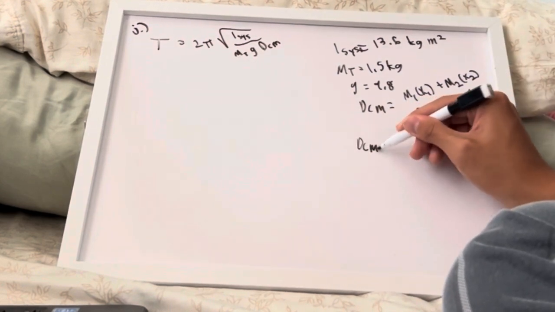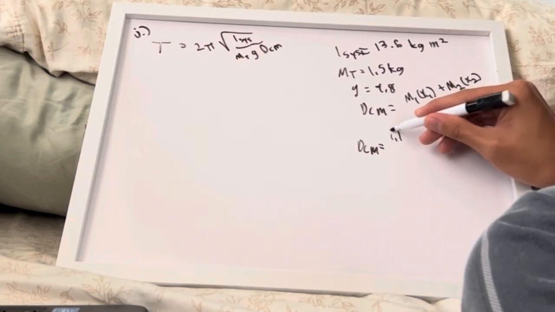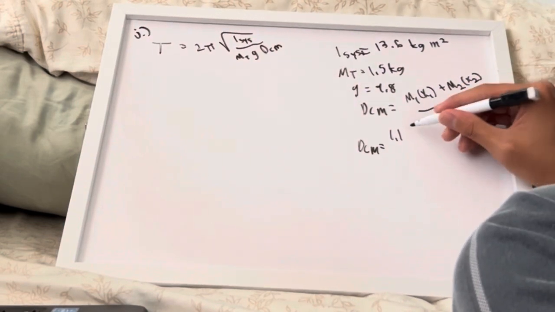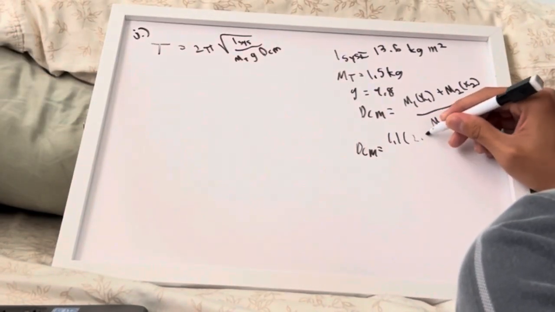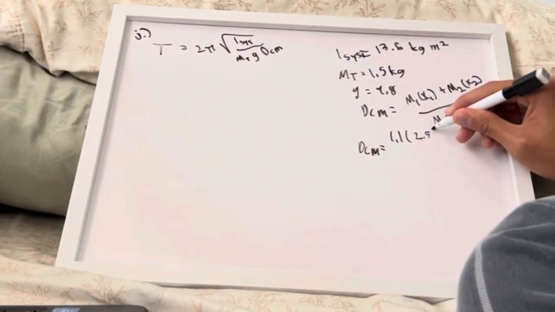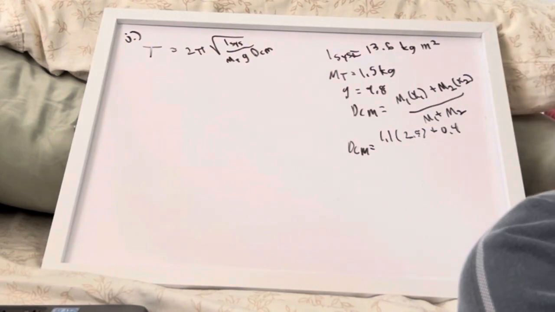So that means d_cm is going to be equal to m1 being 1.1 kilograms, because my m1 will be the rod in this case. That's just how I'm defining it right now. So that's going to be 2.5, plus my m2, which is 0.4, and my x2, which is how far it is.